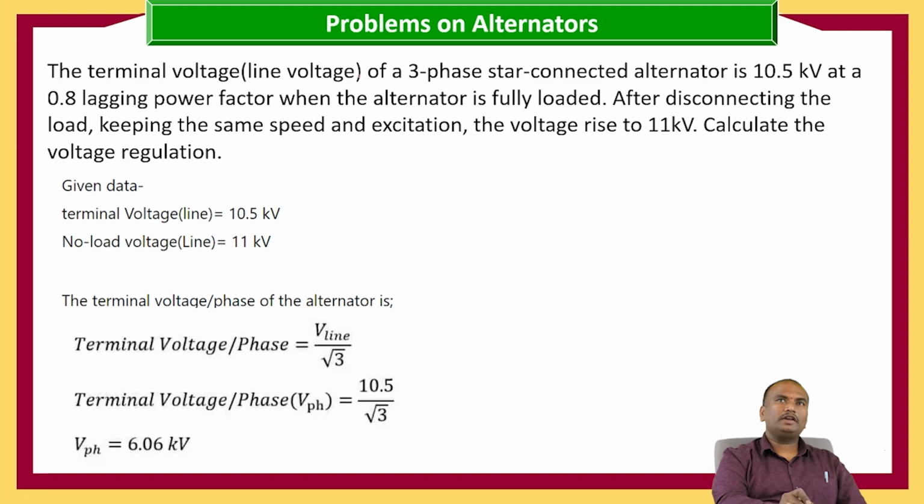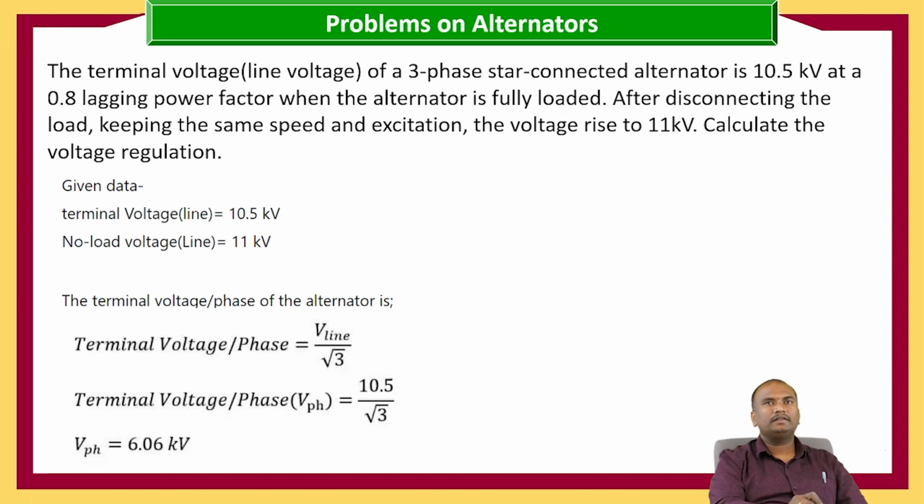Now the terminal voltage of a three-phase star connected alternator is 10.5 kilovolts at a 0.8 lagging power factor when the alternator is fully loaded. After disconnecting the load, keeping the same speed and excitation, the voltage rises to 11 kilovolts. Calculate the voltage regulation.